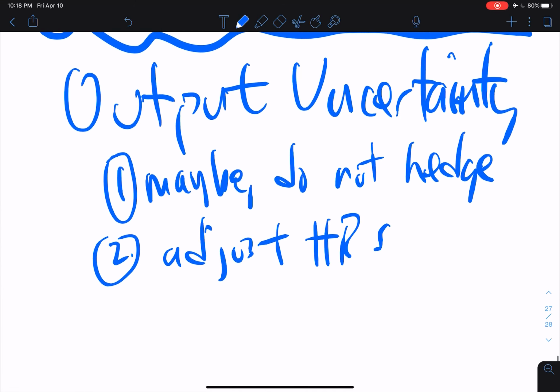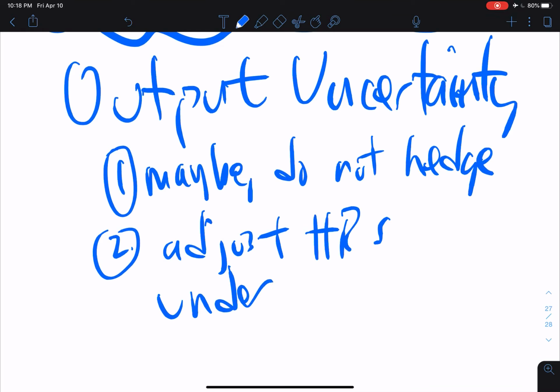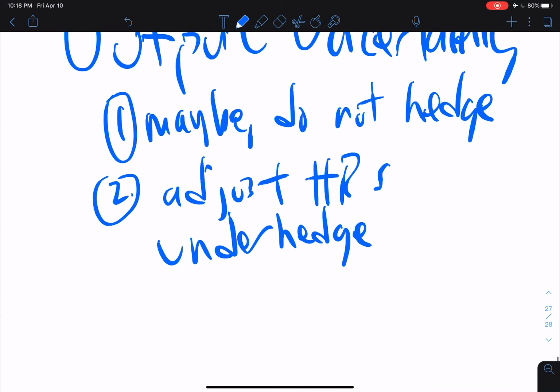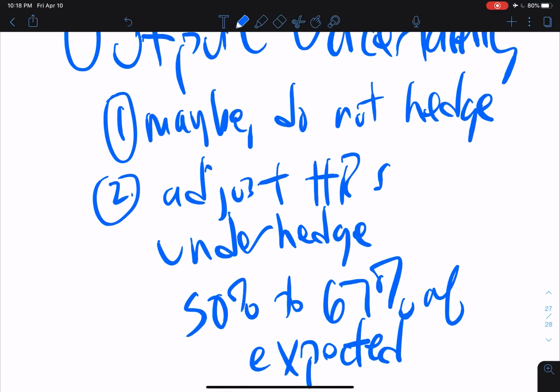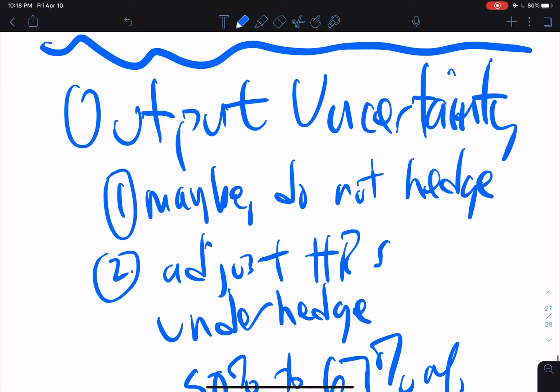Maybe under hedge. Because when you under hedge, you're still on the hedging efficiency frontier. The opposite is true. If you over hedge, you would not be on the hedging efficiency frontier. And in agriculture, they might hedge from 50% to maybe 67% of expected output, okay, expected harvest.